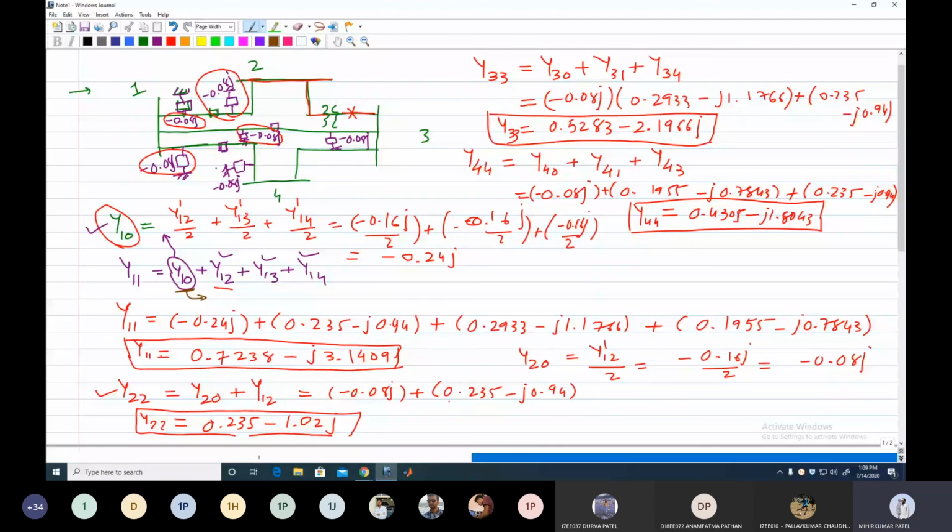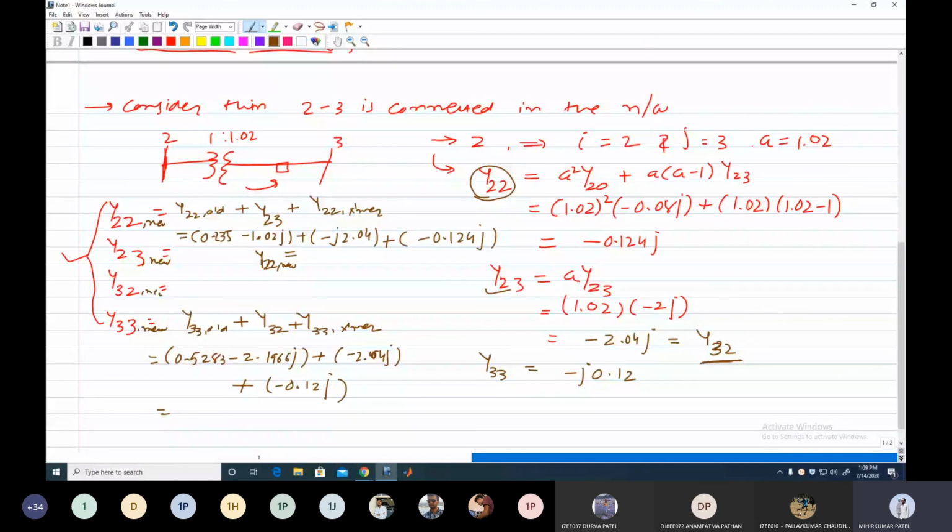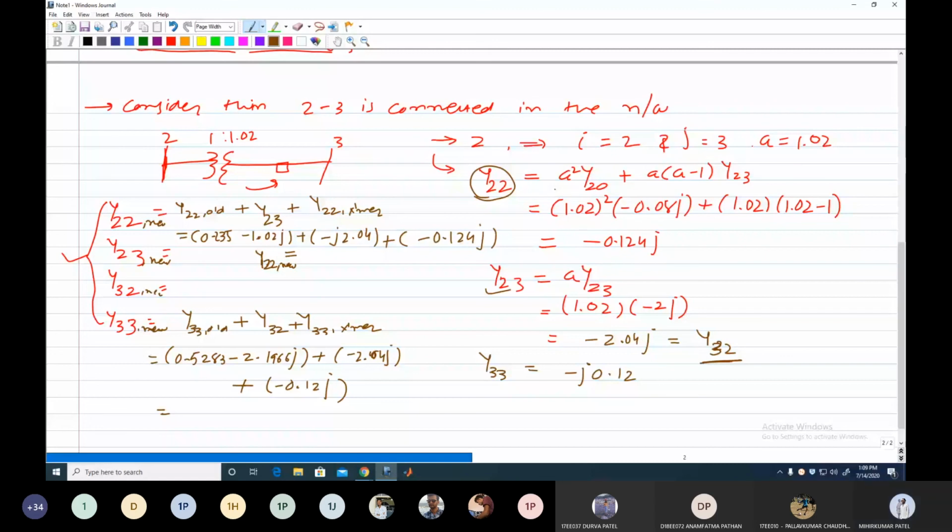And then we have considered the transformer placed between bus number 2 and 3. So from this network we write down the values of I, J and A: I equal to 2, J equal to 3, and transformation ratio A equal to 1.02. From that we have already derived the equation for the transformer, so we just substitute the values of the different parameters. Clear?